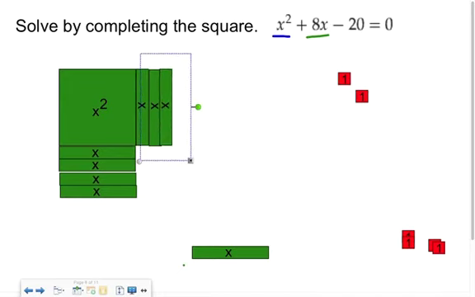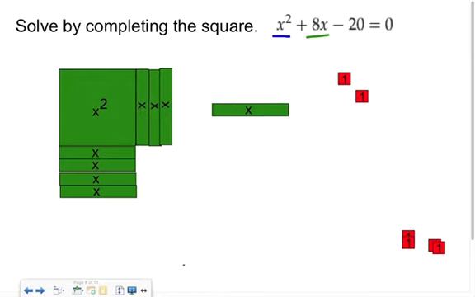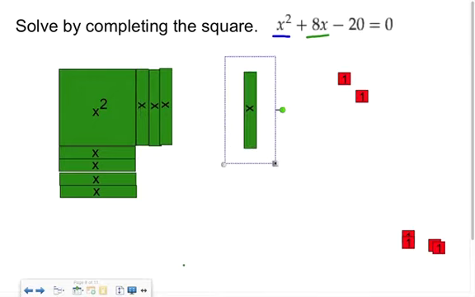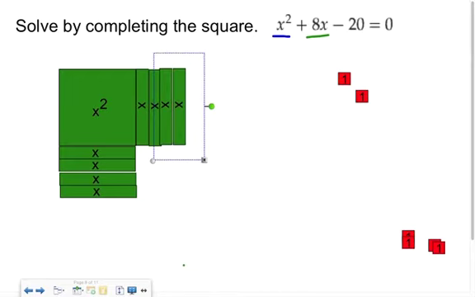So you may remember a process whereby you took that b value and divided it by 2. I hope you see that I've taken those x tiles and divided them in 2, 4 on one side of the x and 4 on the other.